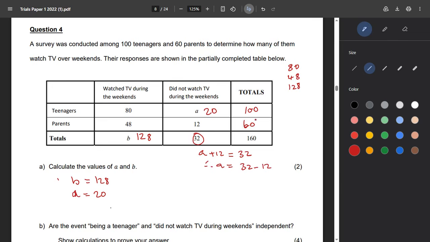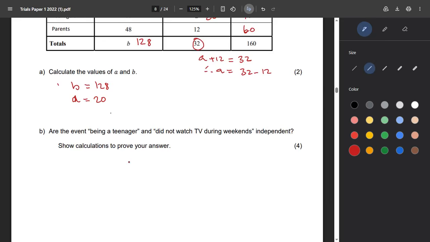Okay, so now if we continue answering the next questions, let's see what they have on this one. Are the events being a teenager and did not watch TV during the weekend independent? You won't be able to do this question if you don't know the meaning of independent. So when we say two events are independent, this is what you need to do.